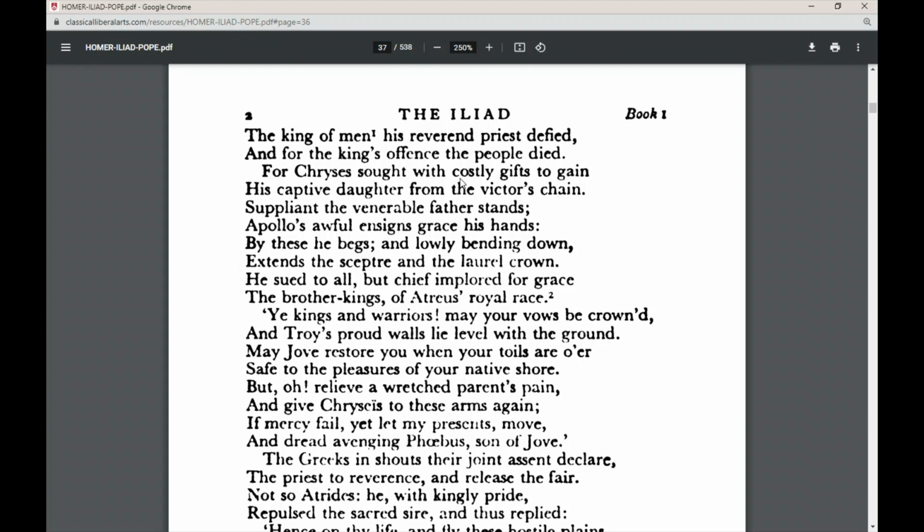So, in just a few minutes, you can see that I've already pointed out a number of rhetorical figures. That's how common they are in the works of literature. What I ask students to do is, as they read, have these rhetorical figures in mind and try to pay attention to them as you go.